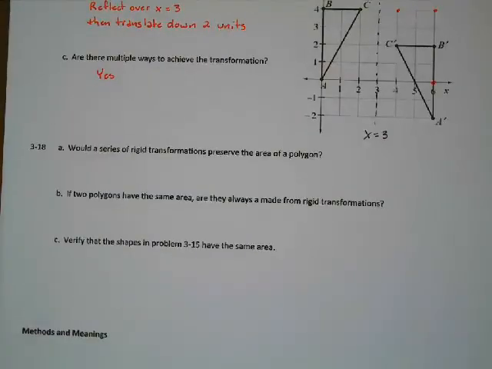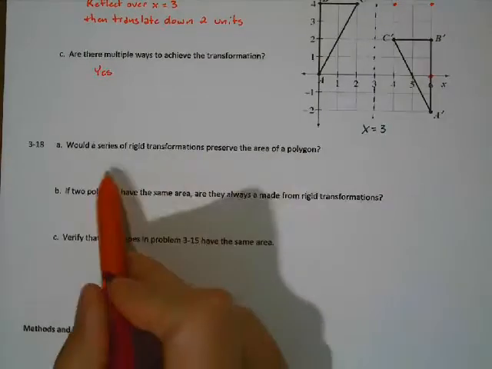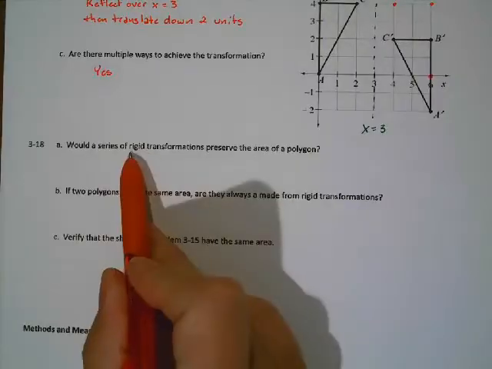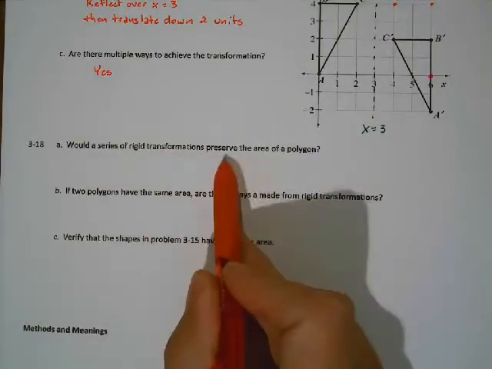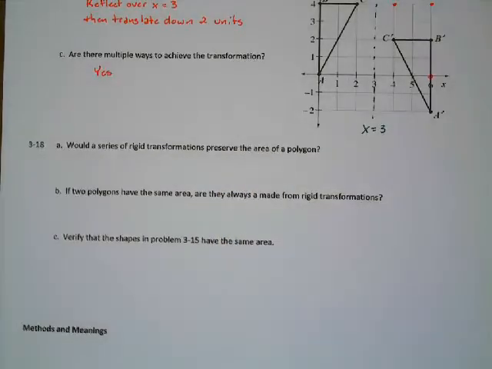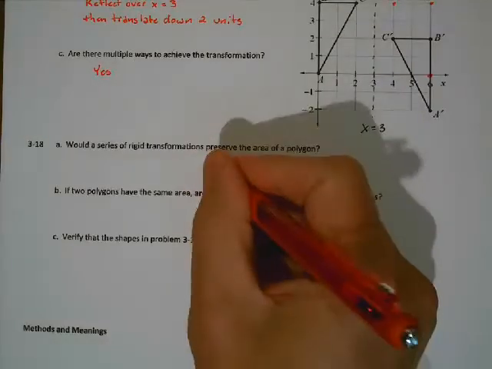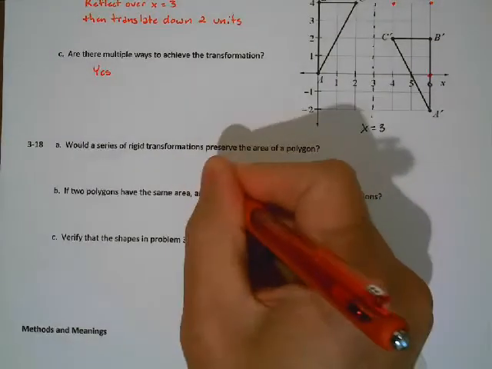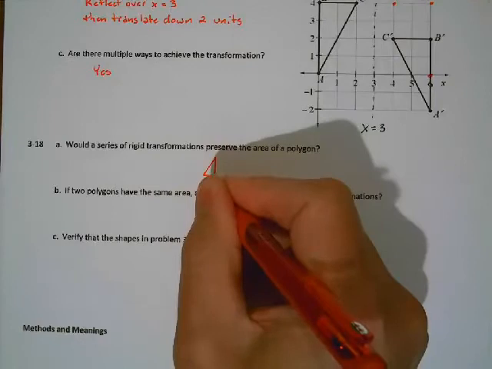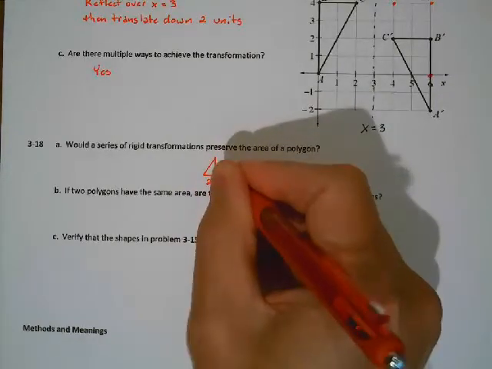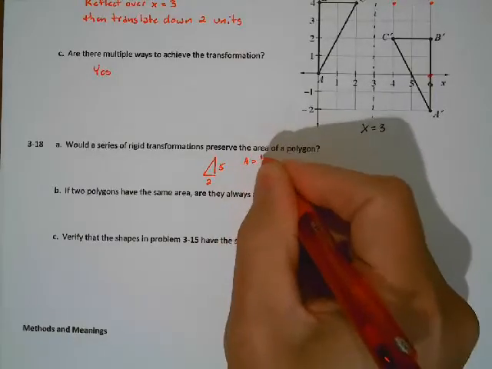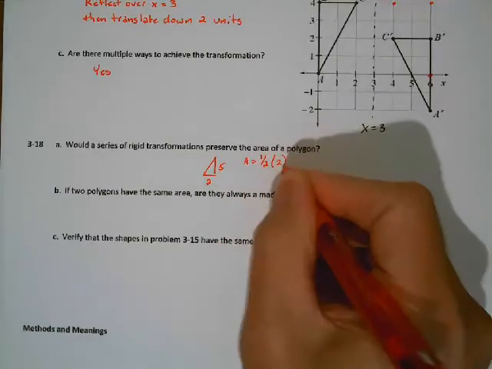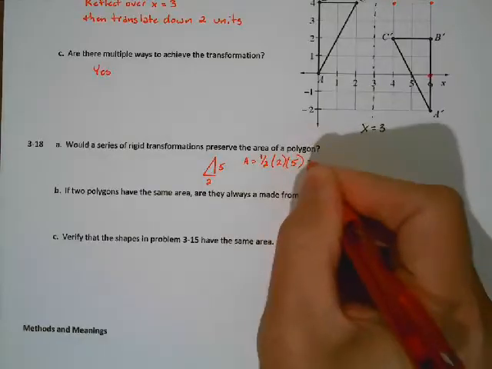All right, so 3-18. Would a series of rigid transformations, remember rigid transformations means that they keep their shapes, preserve the area of a polygon? So if I had a triangle with a side of 2 and a side of 5, using the area formula, area equals 1/2 times 2 times 5 equals 5.